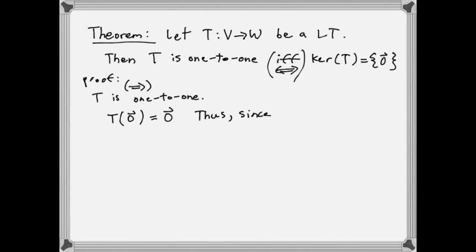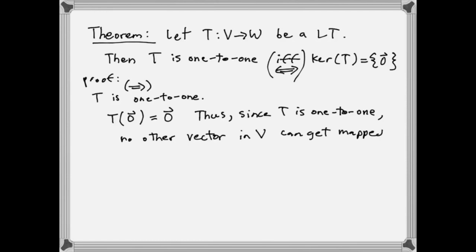since T is 1-to-1, remember, what it means to be one-to-one is that different elements have to go to different places. So this means that no other vector in V can get mapped to 0.